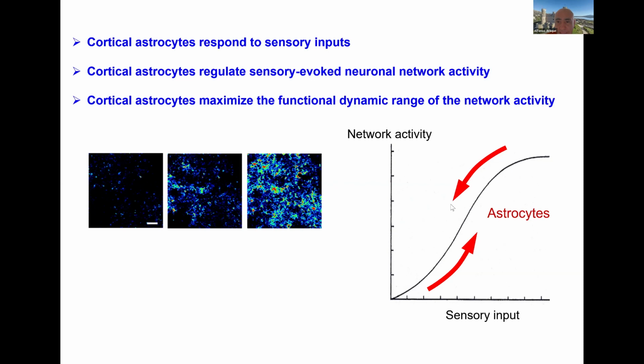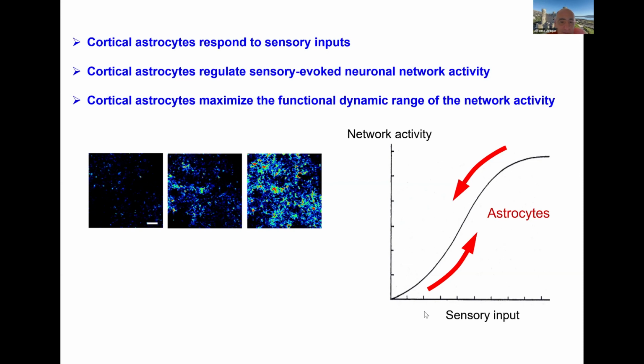So we propose this homeostatic mechanism of the role of astrocytes in the cortical network function: if the network activity is very high, for instance, during sensory evoked stimulation, the astrocytes reduce the network activity, they reduce the gamma activity, to move it to the left.